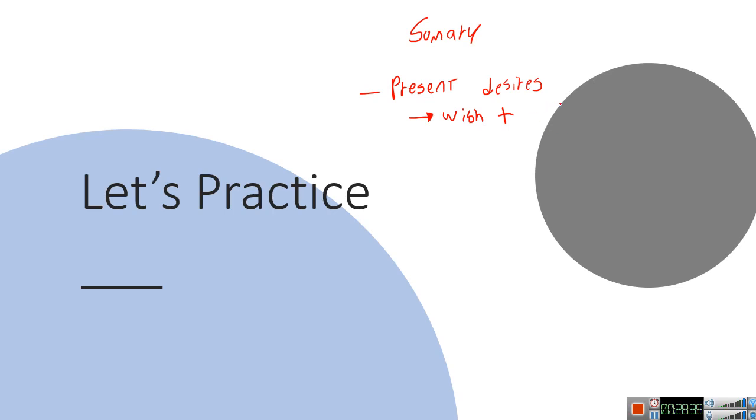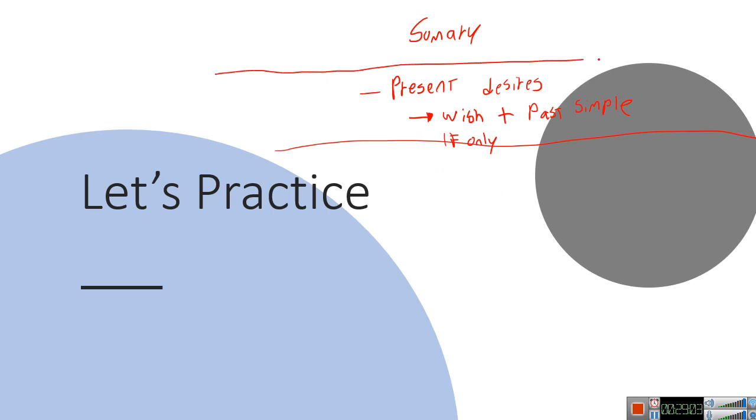Past simple. Very well. So for present desires, I can use wish or if only. It doesn't matter. It means the same. Remember, if only is a bit stronger, but it's not a huge difference. So present desires.